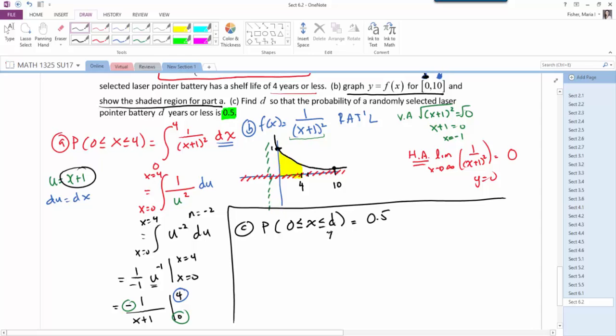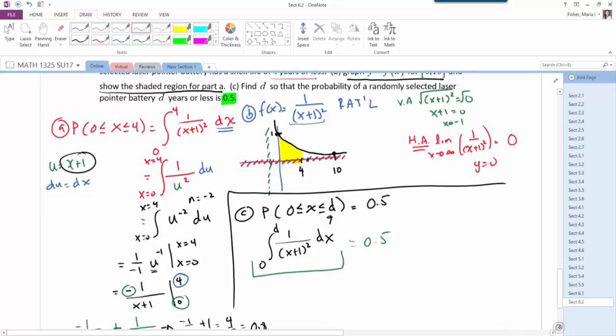So what I need to do is find one of my limits of integration. Well, how would I do that? Well, again, I know that this is just going to be the integral from 0 to D of my function, which is that 1 over (x plus 1) squared dx. And I know that the whole entire answer here would equal the probability of 0.5. So I need to find D.